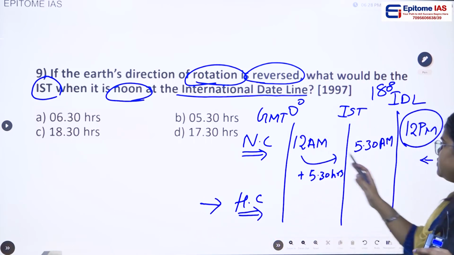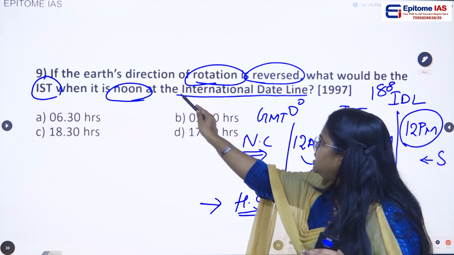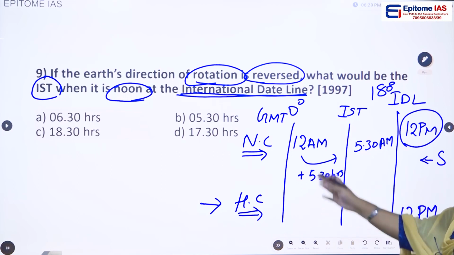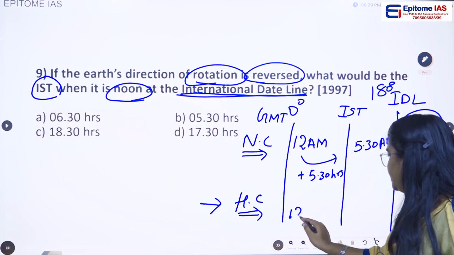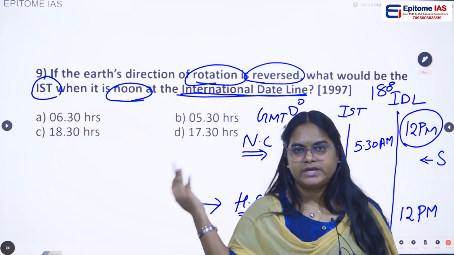So whatever condition we see here, it would be reversed, right? So they are saying at the international dateline, the time is 12 p.m. What would be the time in GMT? It is going to be 12 a.m.